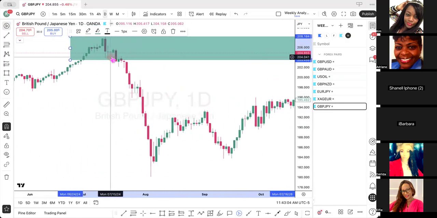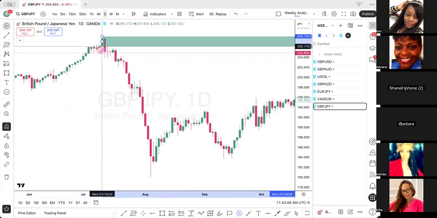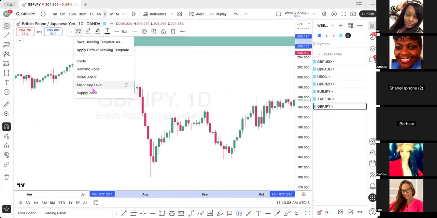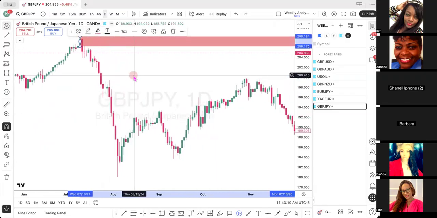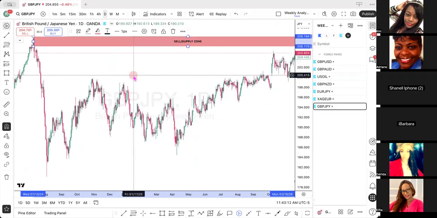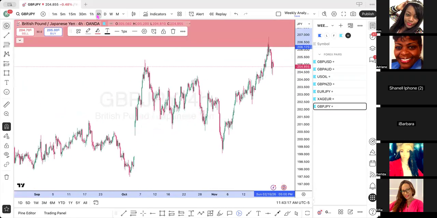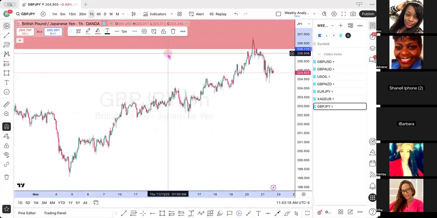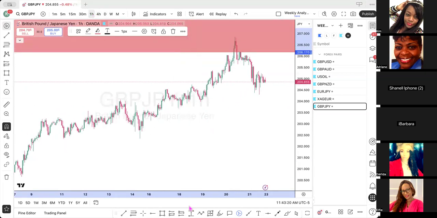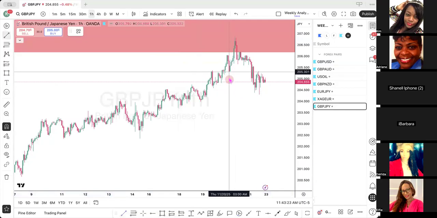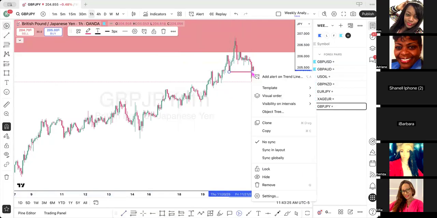There was a daily supply, demand, supply zone. There was a daily supply zone that price tapped into. If I go down to my 1 hour, we had a market structure shift here.